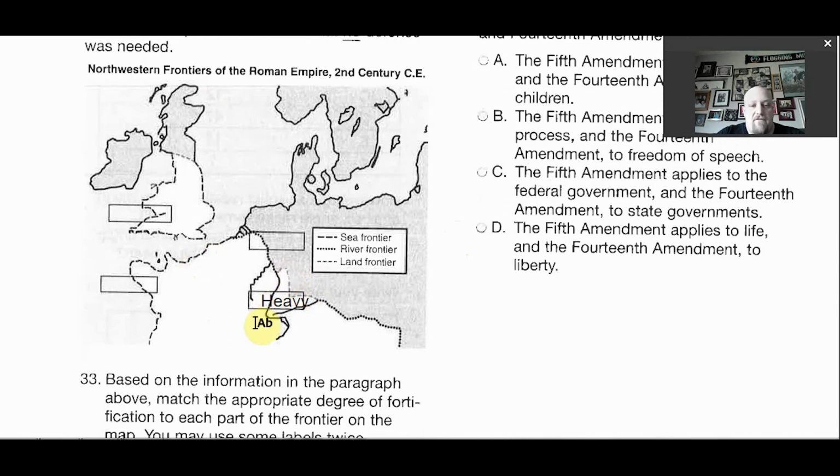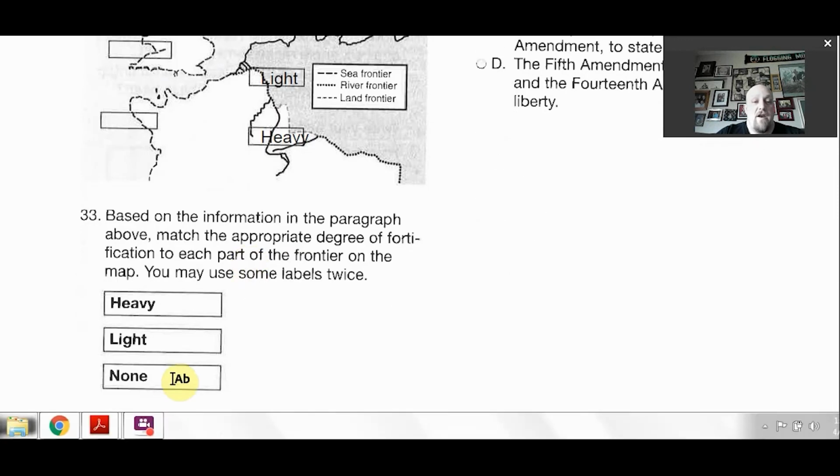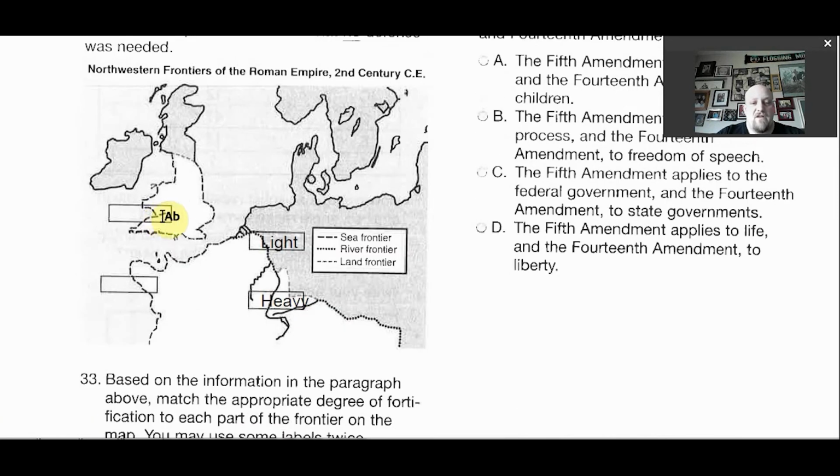Okay, so rivers. So you're going to look along here. This is the only one that's really along a river. So you're going to have light fortification, because this is a river frontier is what it says. So none. Both of these are on a sea frontier, so either like a sea or an ocean. So both of these are going to be none because they are coastal.